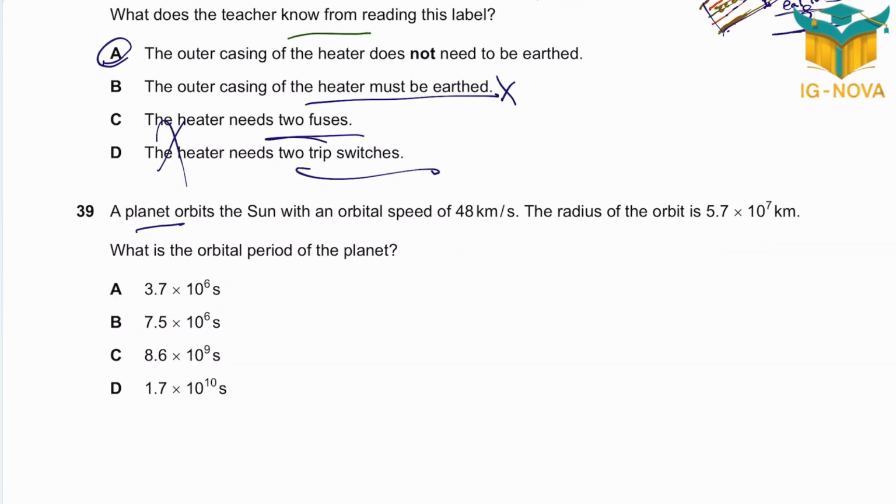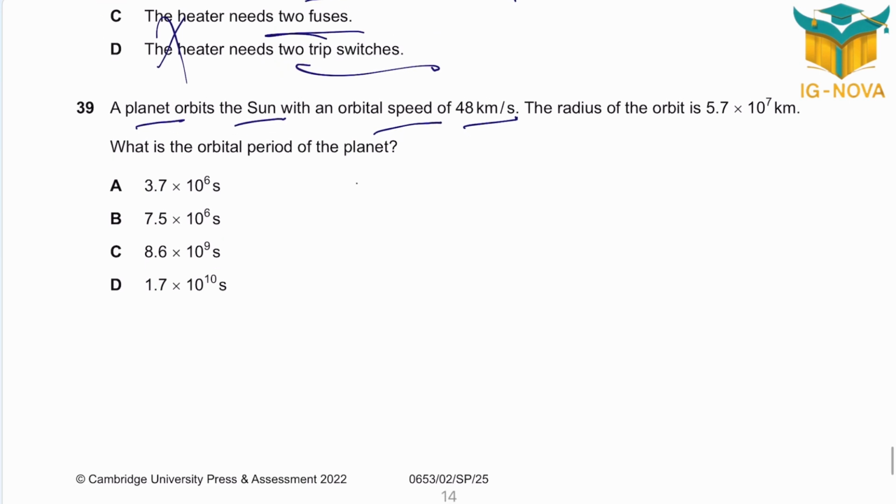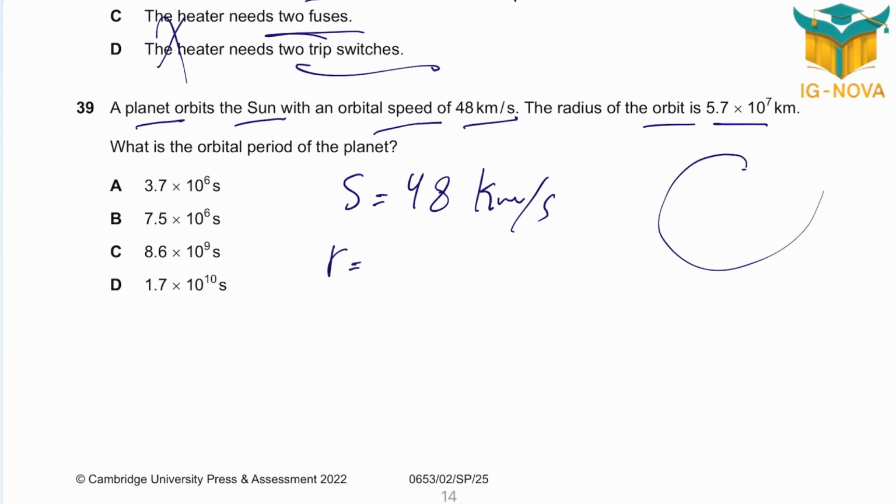A planet orbits the sun with an orbital speed of 48 km per second. You have here speed equal 48 km per second. The radius of the orbit, because the orbit is a circle, is 5.7 times 10 power 7 kilometers. He needs to find the orbital period, which is the time.